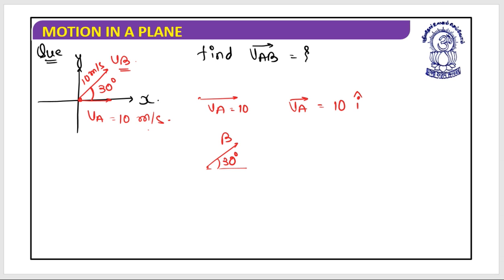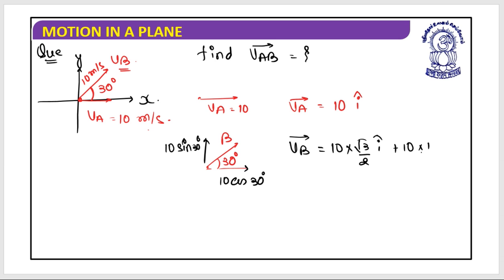So when this angle is 30 degrees, it's 10 cos 30 degrees, and this is 10 sin 30 degrees. So VB is 10 into root 3 by 2 i cap plus 10 sin 30, which is half, j cap.